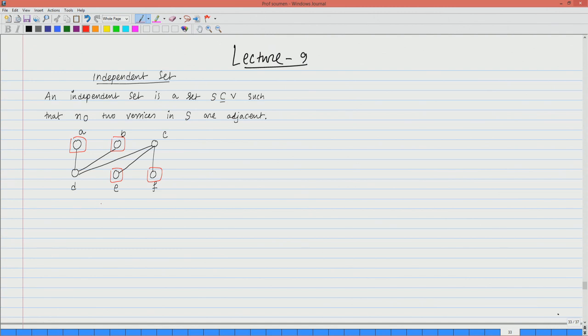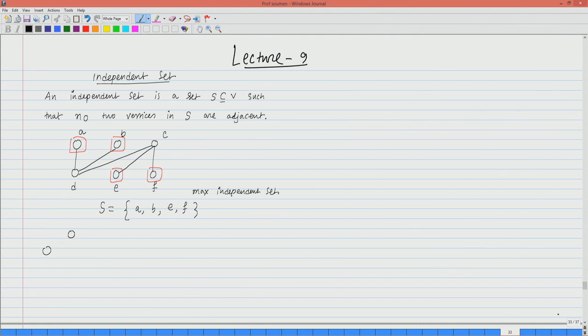So, the S here is equal to A, B, E and F. Okay, so, this is a maximum independent set. This independent set definition is of course not only for bipartite graph. Let me give another example also.